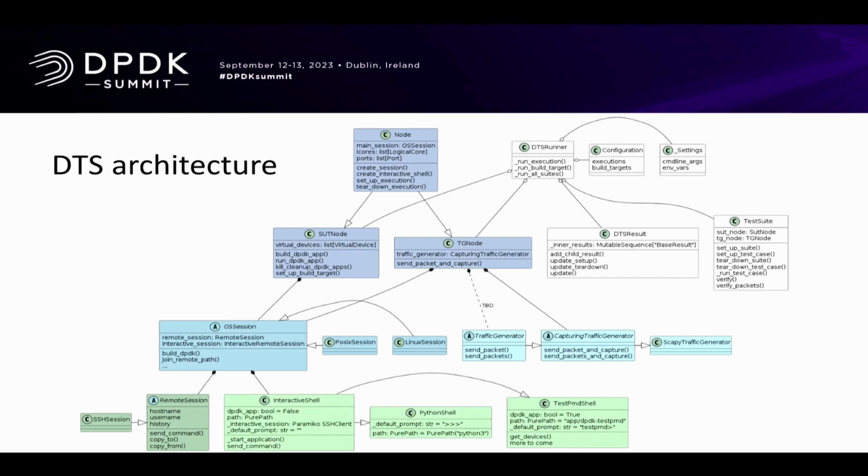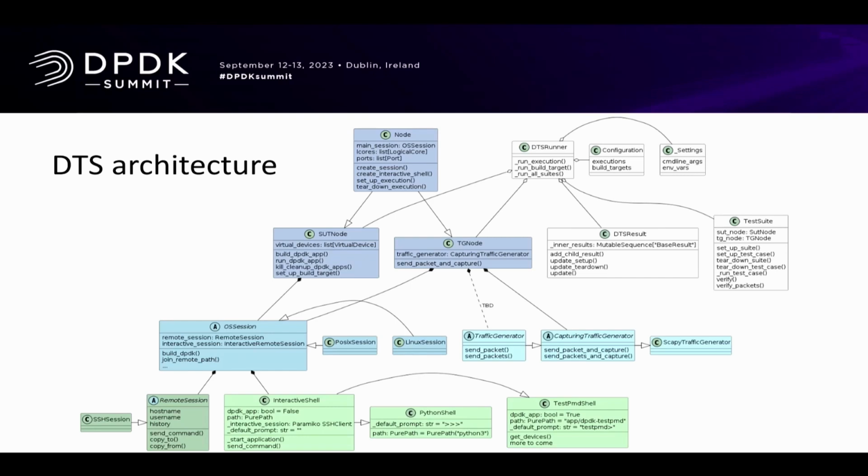We have an SSH implementation in DTS currently, but there could be other protocols implementing the remote session, such as Telnet. The remote session only knows how to send a command and then get back the result from the execution of the command. It doesn't know anything about the underlying operating system.